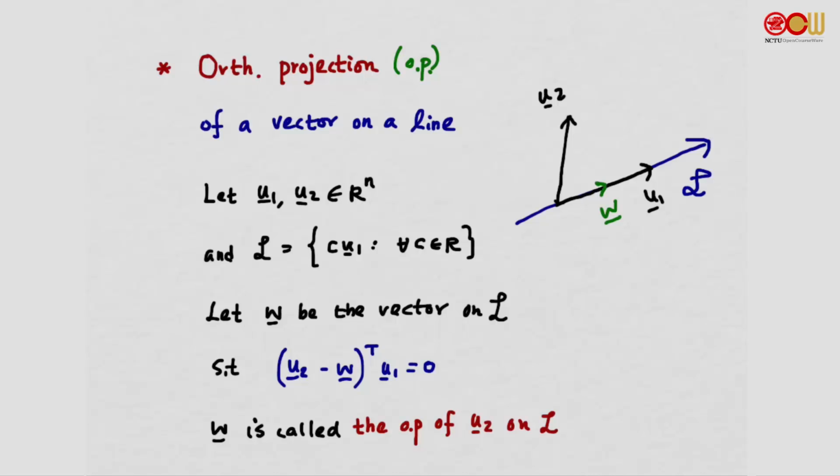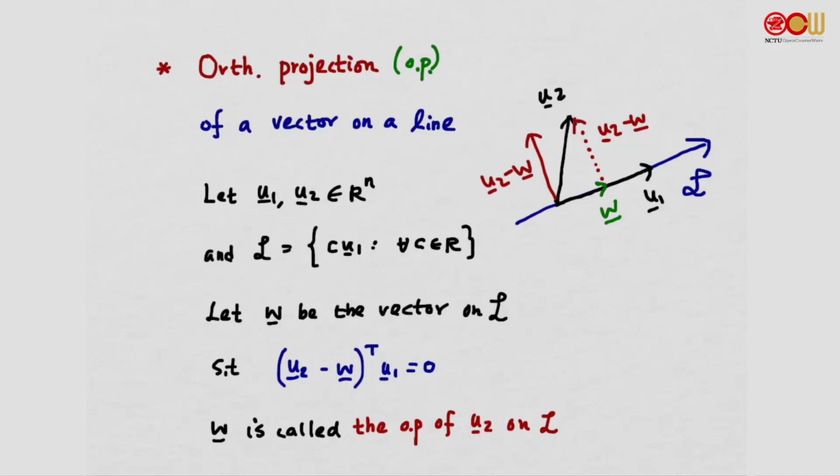Because it's not just an arbitrary vector on L, it's a vector on L such that this U2 minus W and the U1 are orthogonal. So this is U2 minus W. This U2 minus W and U1 are orthogonal. In this case, we say W is the orthogonal projection of U2 on the line L.